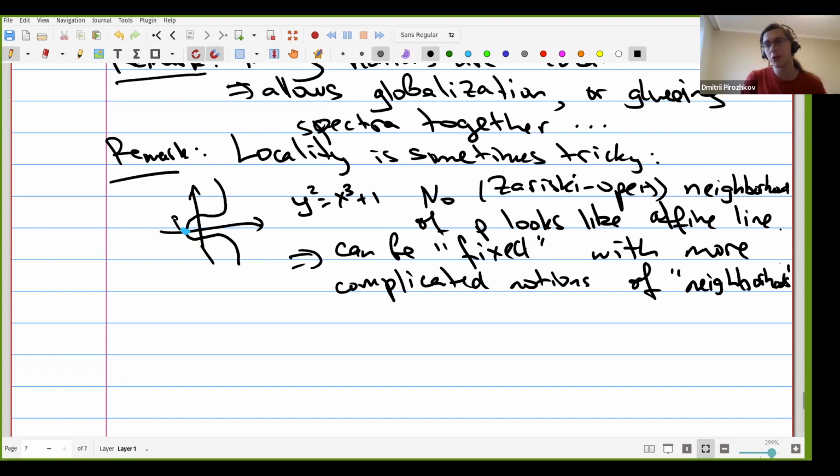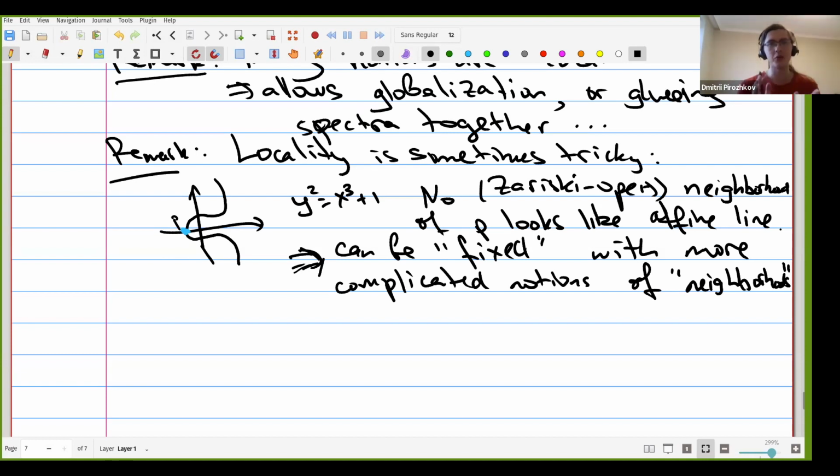I write neighborhoods in quote marks because usually you don't just define a different topology on the same set of prime ideals. In fact, in some approaches like étale topology, you don't really have any topological spaces. You have to introduce something new, and it is sometimes quite painful to work with those generalized notions, but they exist.